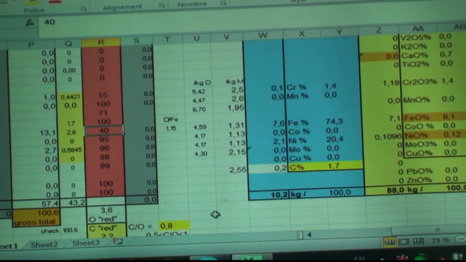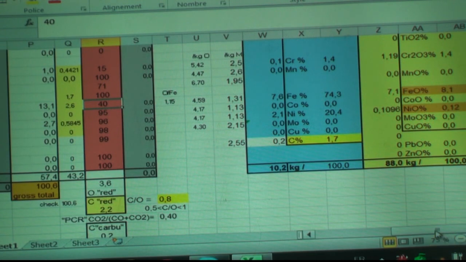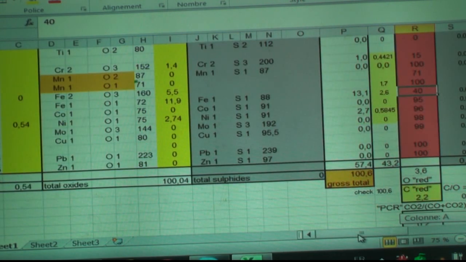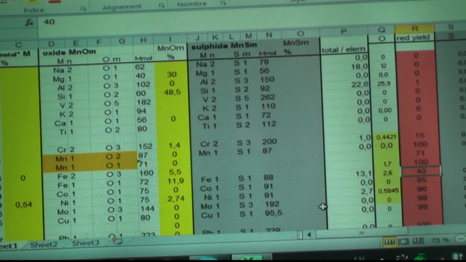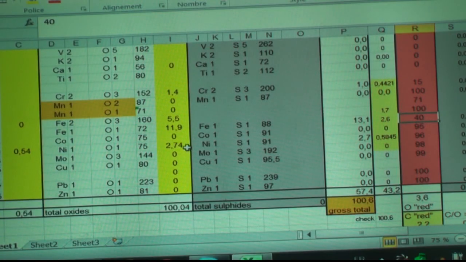Of course, what is interesting is that you see there are some differences in the initial analysis of what they call the calcine, because it's no more the ore. They call it calcine because it has been calcinated and slightly pre-reduced.